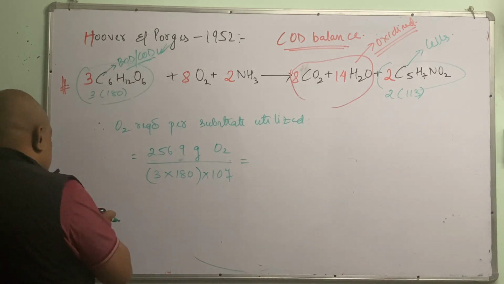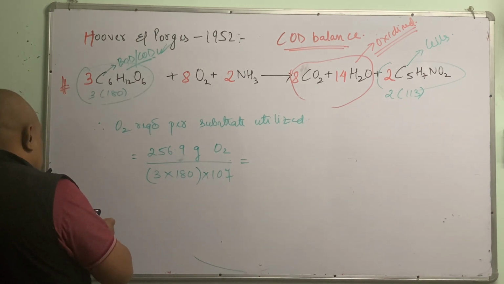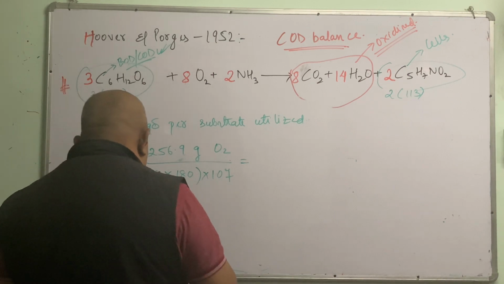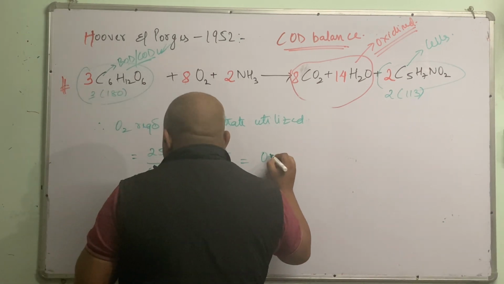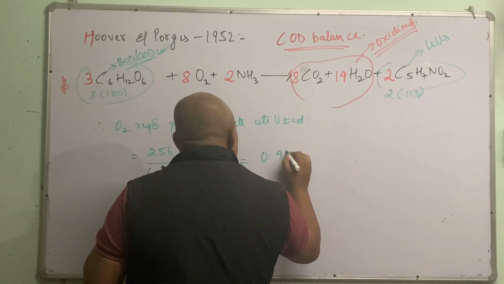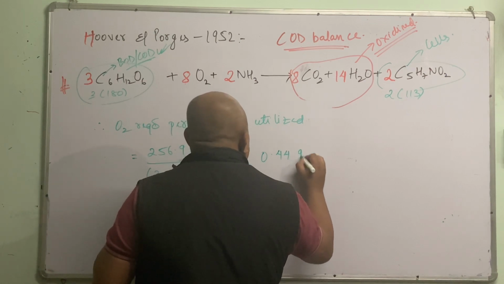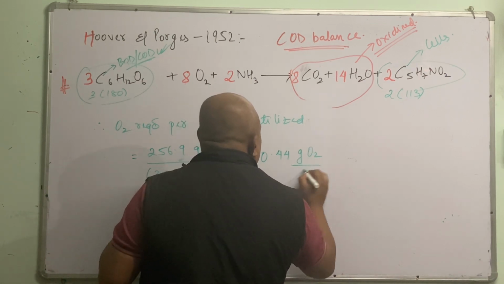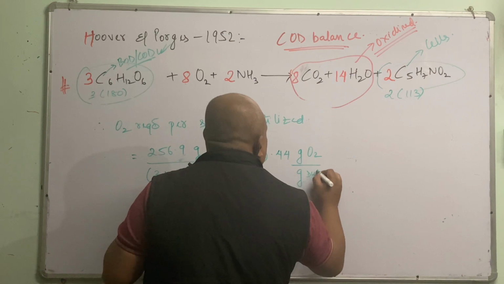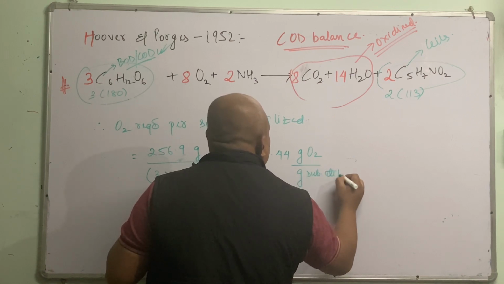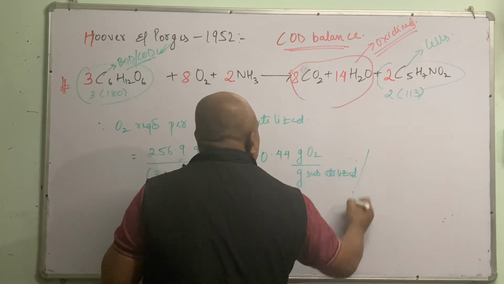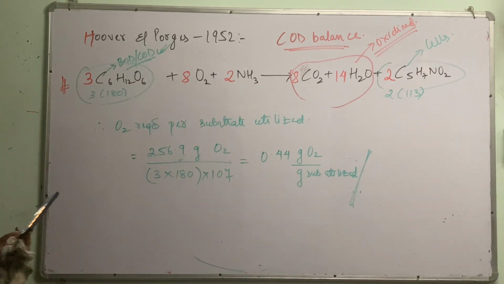This is equal to 0.44 grams of oxygen used per gram of substrate utilized. Is it okay?